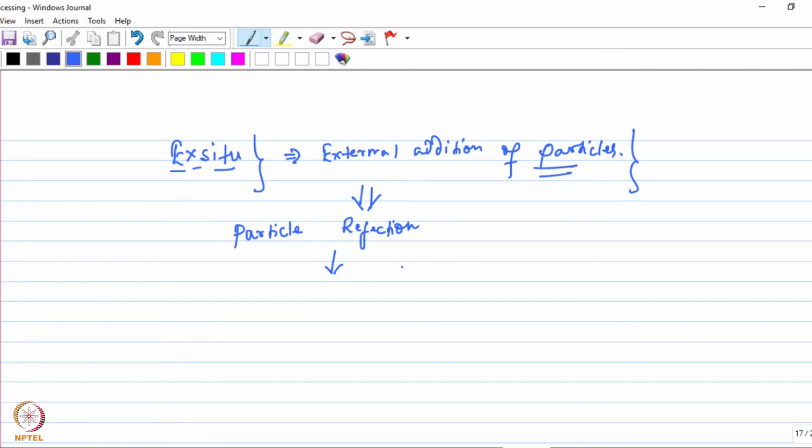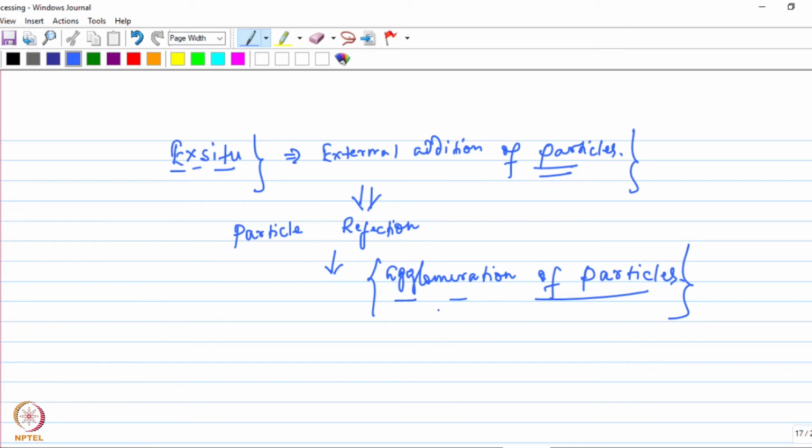And the other problem is the fact that the particles can also agglomerate. The distribution of the particles may or may not be uniform, and this kind of agglomerated or clustered particles are not desirable, because this kind of agglomeration will lead to deterioration of the properties.